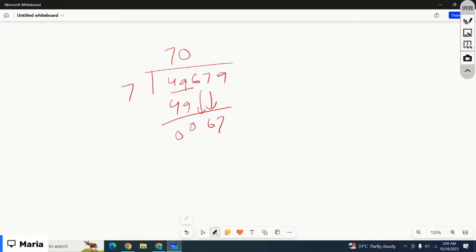You need to count 7 times 9 is 63. 7 take away 3 is 4. Bring the last digit down. That would be 7 times 7 is 49.